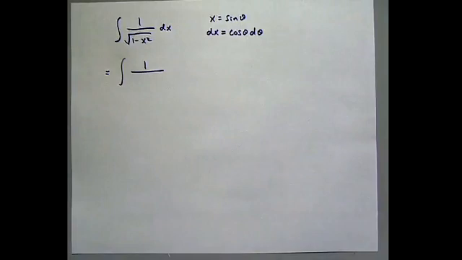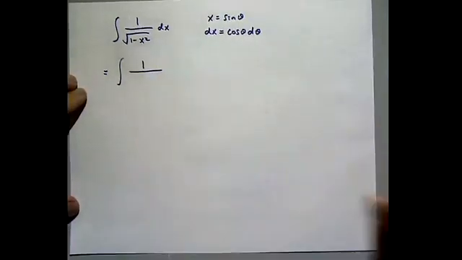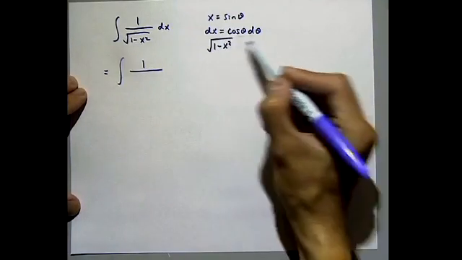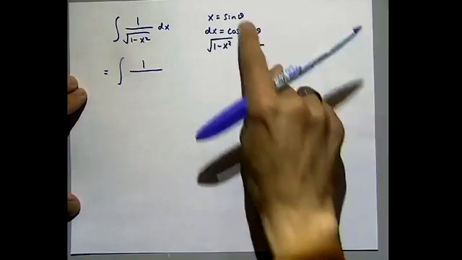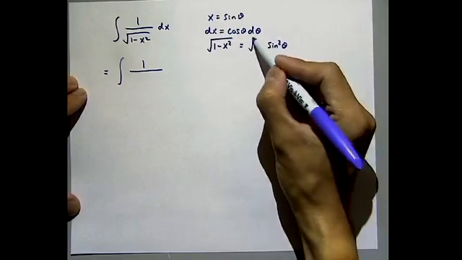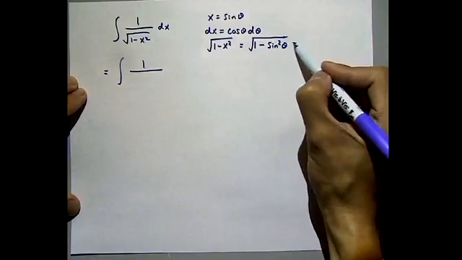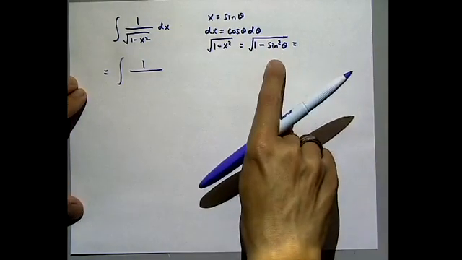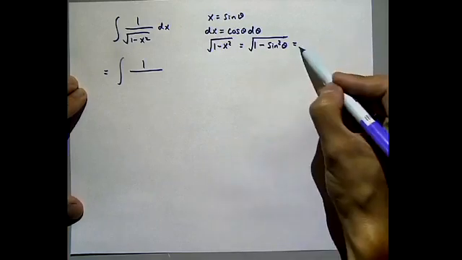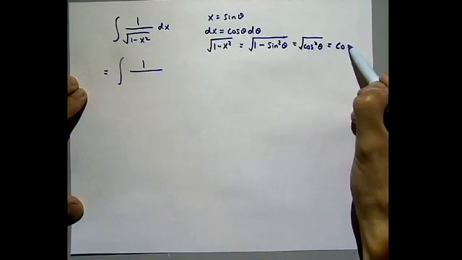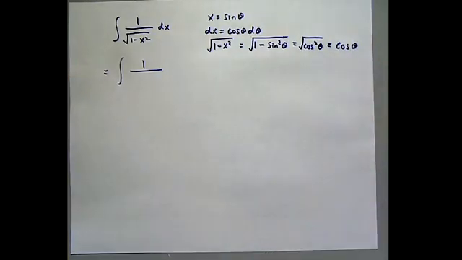So now you see downstairs, well, we can calculate this thing on the side here. Right? 1 minus x squared under a radical is 1 minus sine squared under a radical. And what's this under a radical? Cosine squared, right? And we end up getting cosine, right? We take the positive root of the square root.